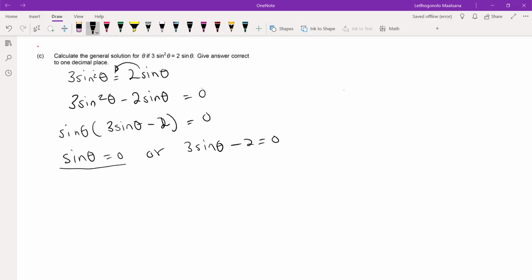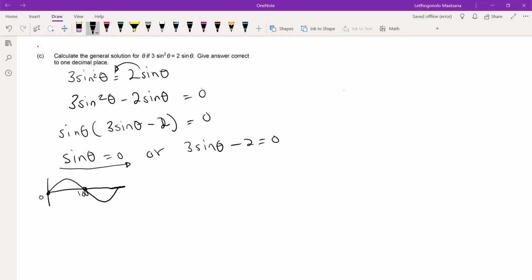For sine theta is equal to 0, we call this a boundary solution because we can just look at our sine graph and look at the values where our sine graph is equal to 0. And this is at the angle of 0 and also at 180 degrees.